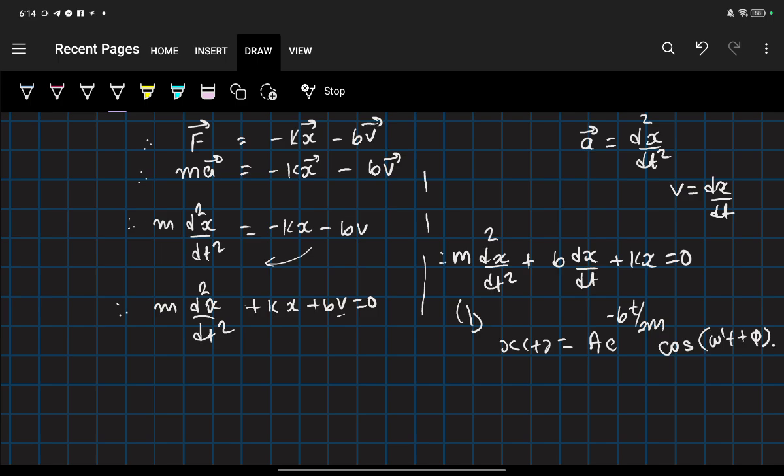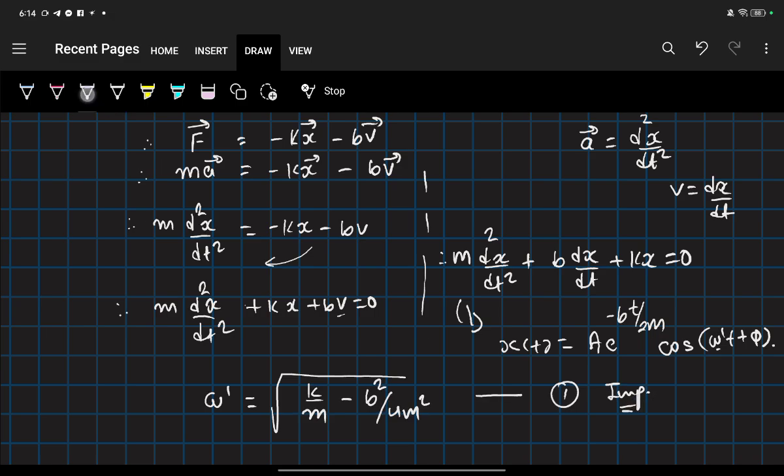Here this omega dash angular frequency is given by under the root k by m minus b square by 4m square. This result is important. As you can see, it has an exponential term, so its displacement is exponentially decaying, right?